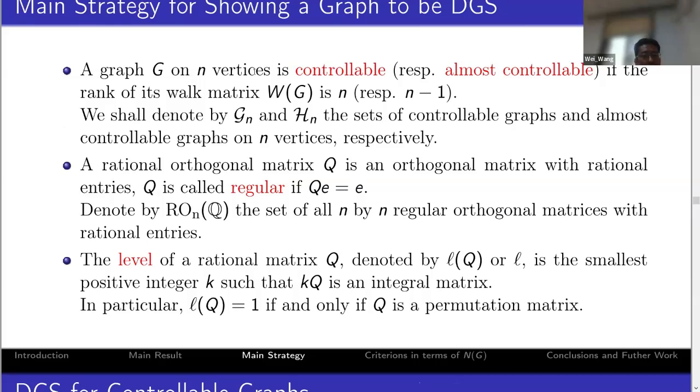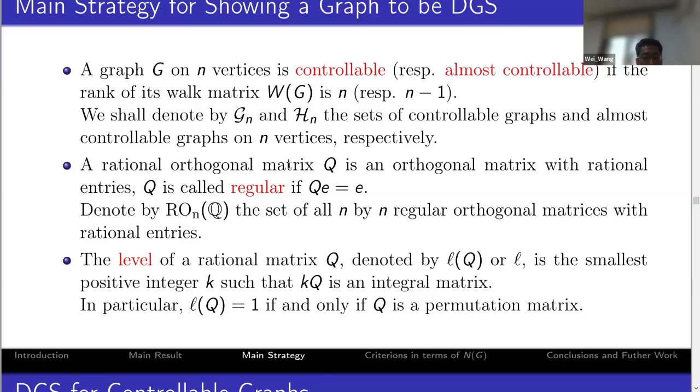A graph G on n vertices is called controllable or almost controllable if the rank of its walk matrix is n or n minus 1. We denote by script G_n and script H_n the sets of all controllable graphs and almost controllable graphs on n vertices.